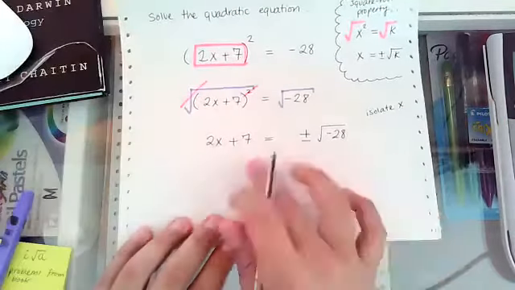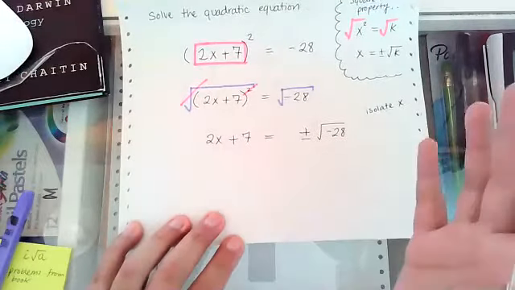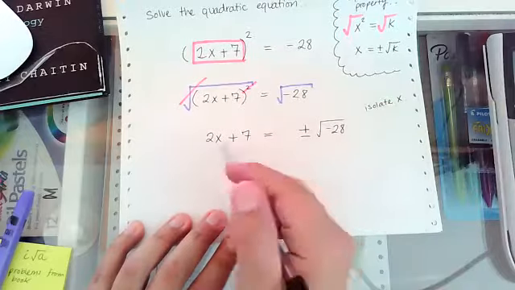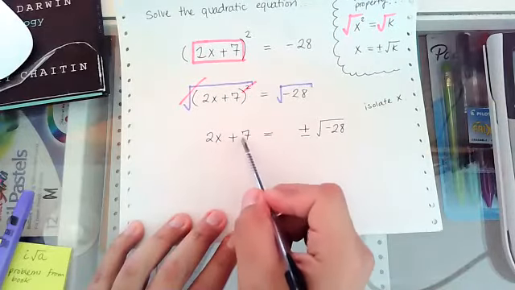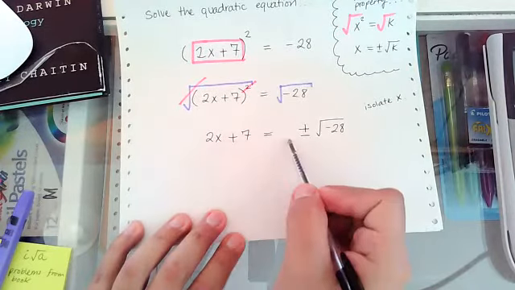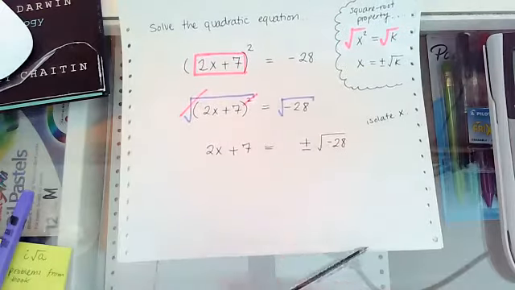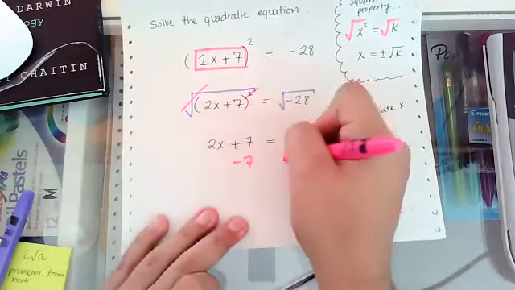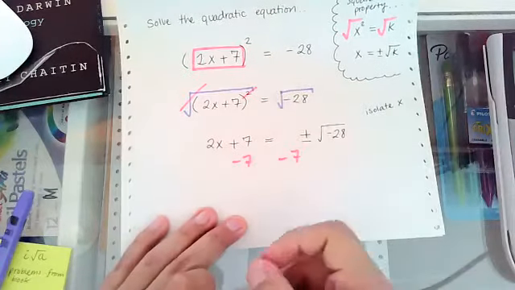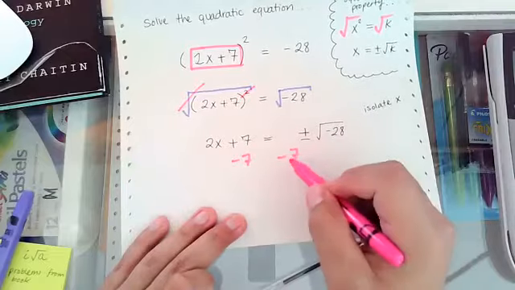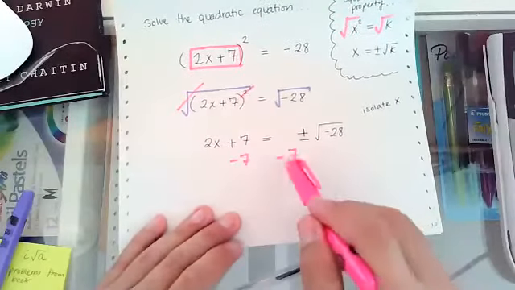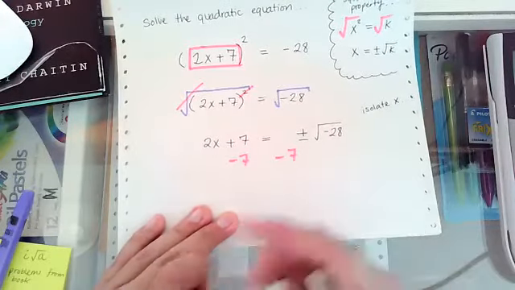We'll have more practice with this here in a second. I'm just going to walk you through the process. The first thing I'm going to do is use the addition principle to subtract this 7 over to the other side. So I'm going to subtract 7 here and subtract 7 here. Since this is a radical expression and this is just a constant, I'm not going to combine them.